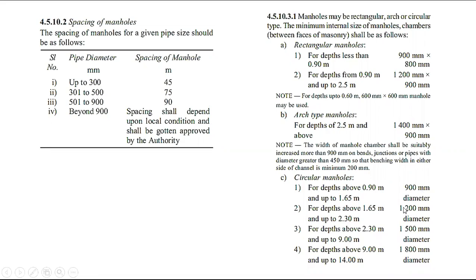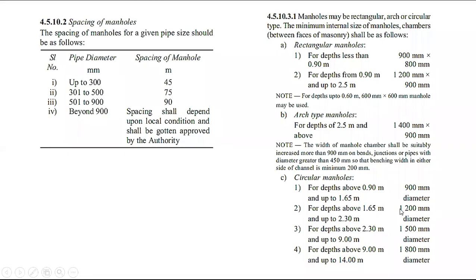If you put 2D, 1400 mm will come, nearly 2.3 meter only. So I told that thumb rule is 2D you can use. So it will match. So you can keep that in mind.